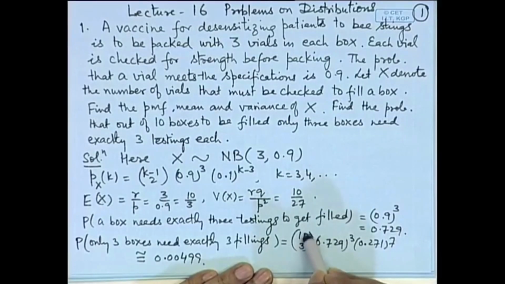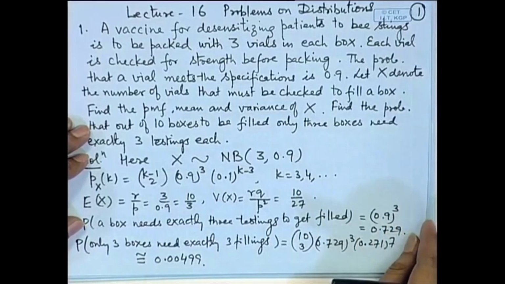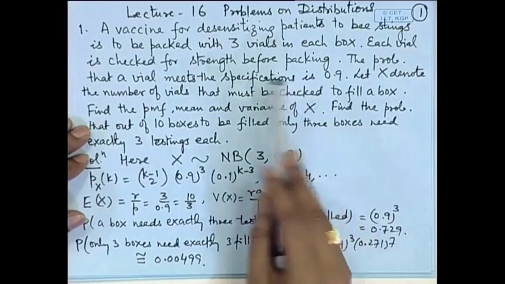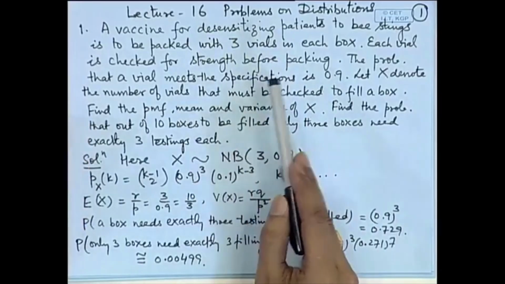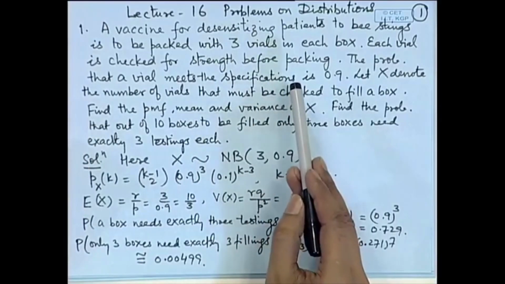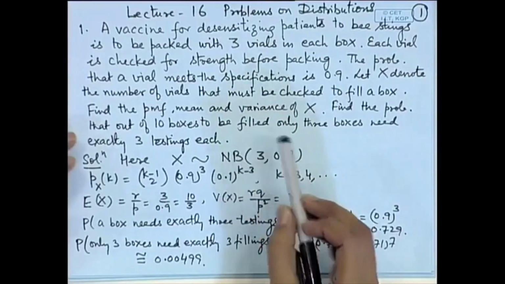So, by applying the formula nCx p to the power x q to the power n minus x, we get 10C3 0.729 cube 0.271 to the power 7, which is approximately 0.00499. You can see here we have to make the assumption of independence and identical nature of the trials, so that we can apply the concept of binomial or negative binomial distribution here.